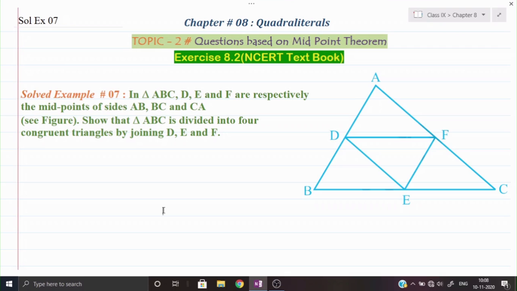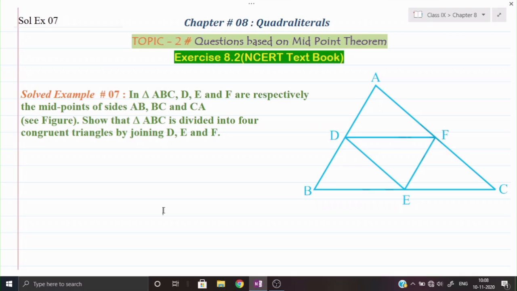Now, if they join D to E, E to F and F to D again, you can observe one more triangle is going to form inside triangle ABC. Then we have to prove that the triangle divides into four congruent triangles.